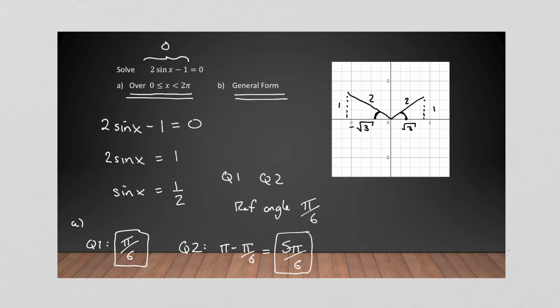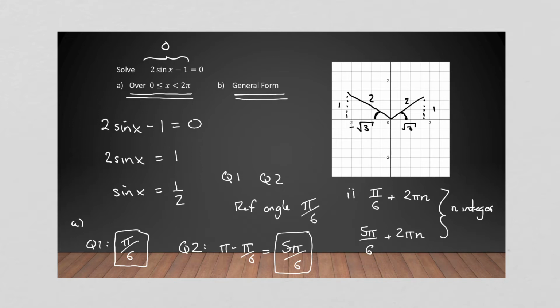Well, the general solution means every period rotation. So what we're going to do is take our two solutions, pi over 6 and 5 pi over 6, and add an infinite number of rotations. So we add 2 pi n, and in this case, n is an integer. What that means is, if n is 1, it's 1 rotation.